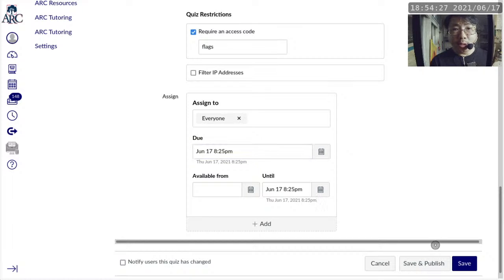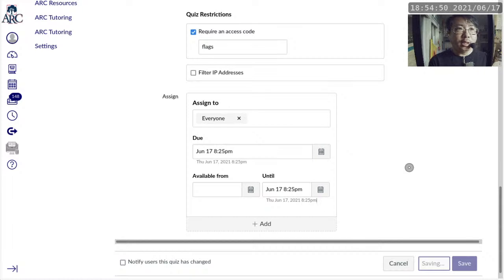All right, and save and publish. And by the way, you can reattempt several times, as many times as you want before 8:25 p.m. And it only counts the highest score.